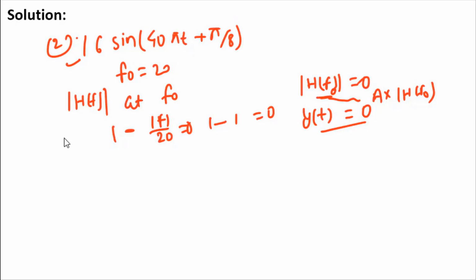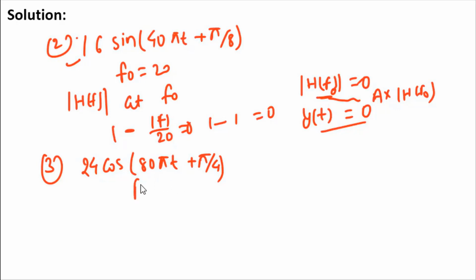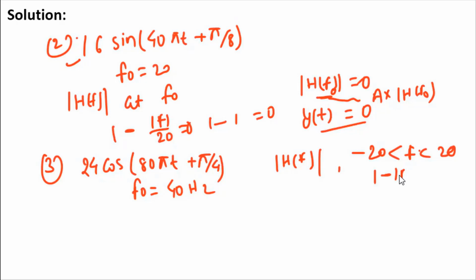Now for the third input, that is the third sinusoid, which is 24 cos(80 pi t plus pi by 4), here your f naught is 40 hertz, but your magnitude of H(f) is 1 minus mod of f over 20 only for mod f less than or equal to 20, and 0 otherwise.